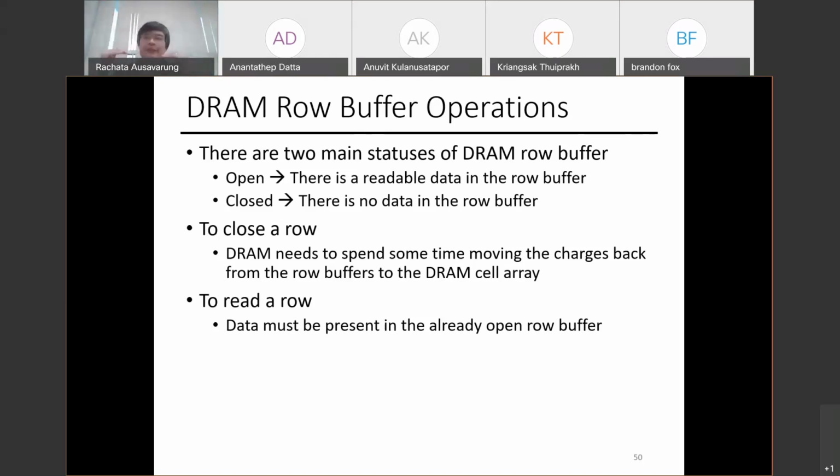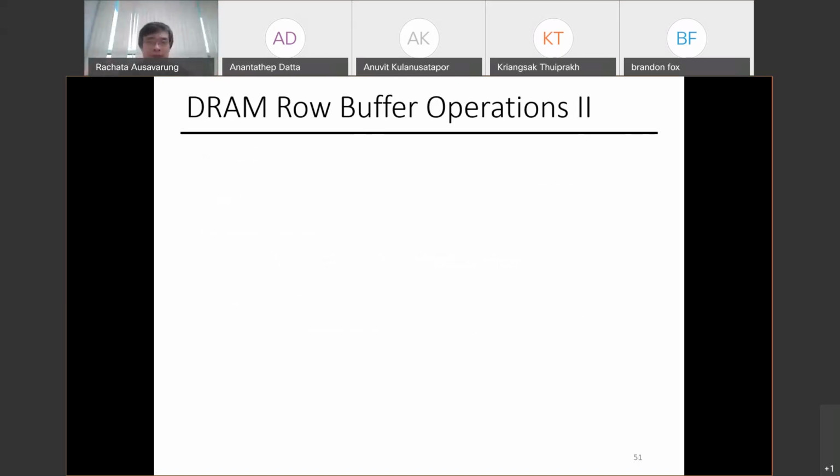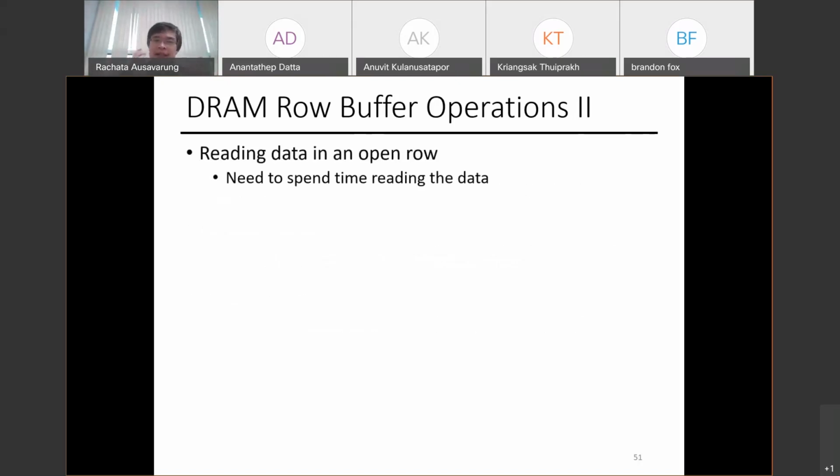So to read the data from DRAM, you first need to bring the data to a row buffer. And there are three operations, basically. If you have an open row and you already know that you want to read something from that row, this is what is happening. Let's say this is the DRAM cells.